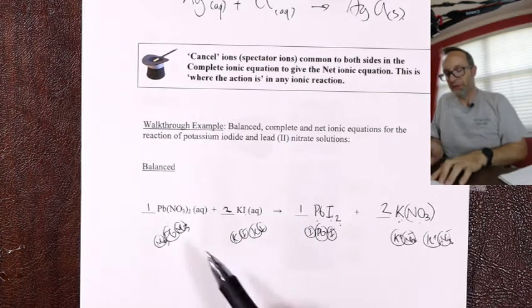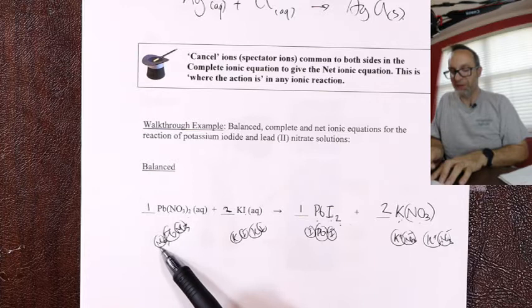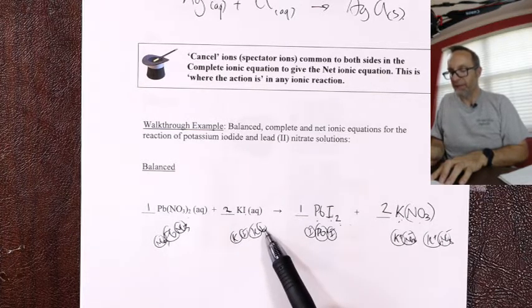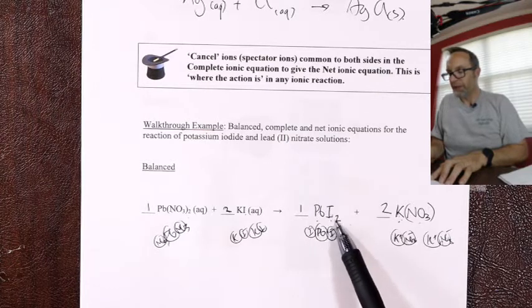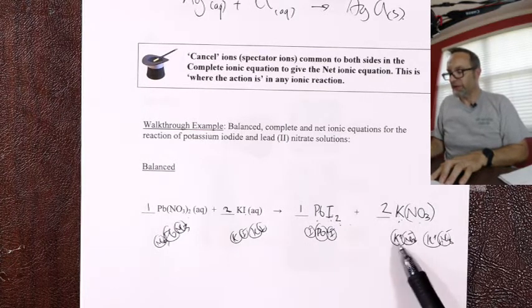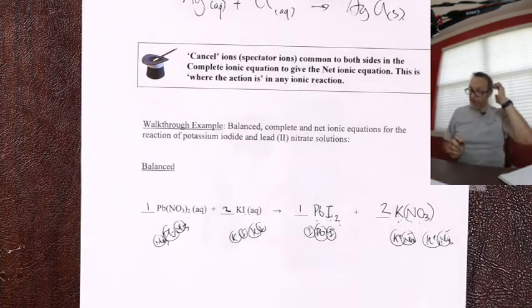Make sure you understand this, right? So Pb(NO3)2 means Pb stuck to 2 NO3s. 2 KI is a KI and a KI. 1 PbI2, Pb, 2 I's. 2 KNO3, KNO3, KNO3, 2 of them. All right, so fair enough, we got that.